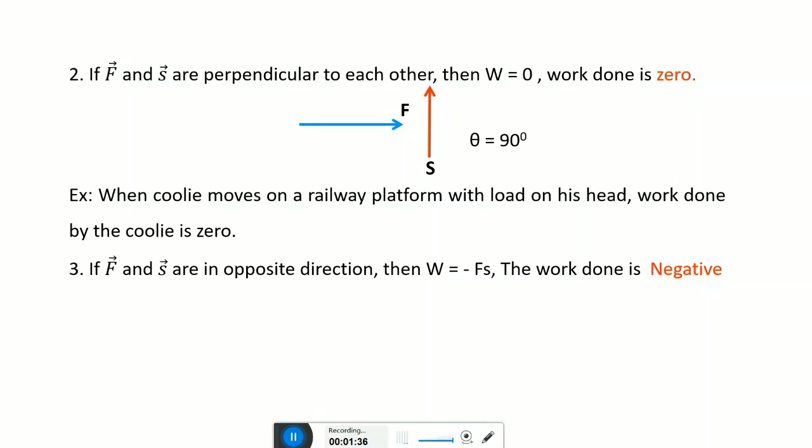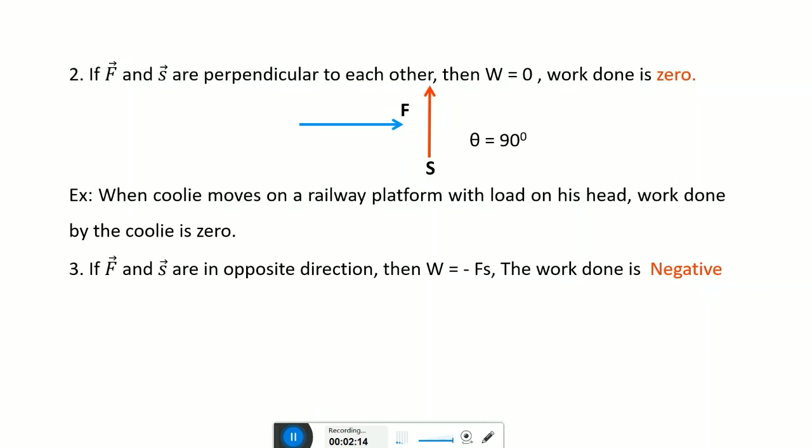Then the third case is if force F and displacement are in opposite direction, then W is equal to minus Fs, means work done is negative. As F and s are in opposite direction, means angle between them is 180 degree or pi. So by the relation W is equal to Fs cos theta, or Fs cos pi, the value of cos pi is minus 1.